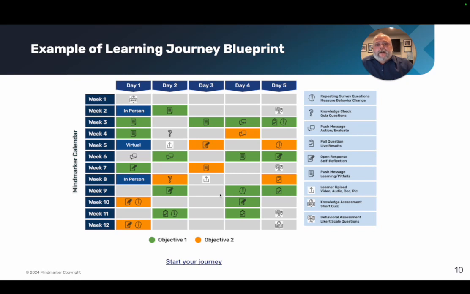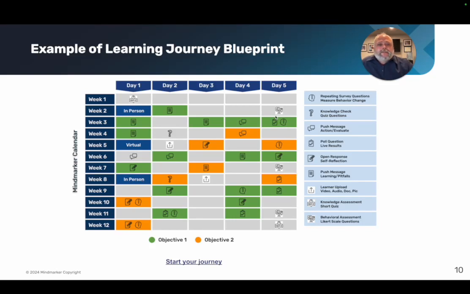Learning objectives are created based on the KPIs that we're after for the learners. What actual performance do we want them to improve? As you can see, we start off with objective 1 in the green here, and then we introduce objective 2 before this virtual session where we're going to cover the actual content. Then we continue reinforcing that as the connective tissue between these live sessions.